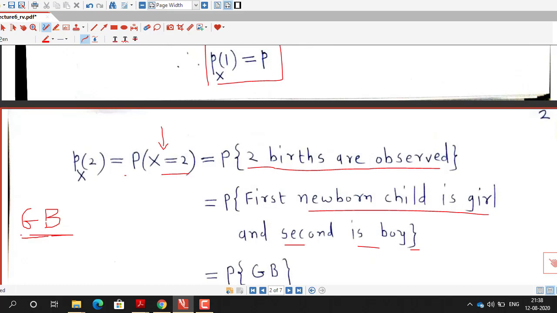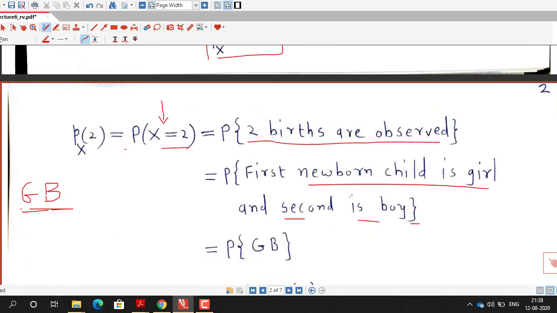First child is a girl and second child is a boy, and these two are independent events.